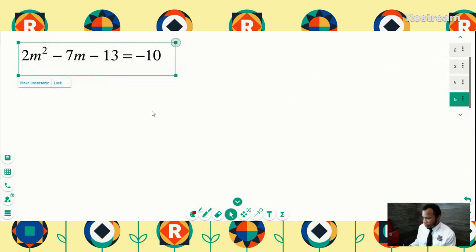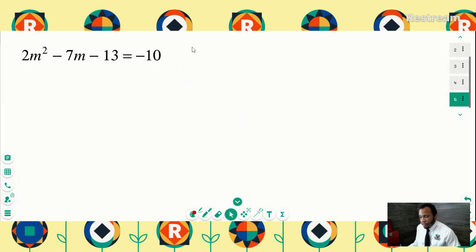All right. So first, before we begin, since I know we're using the quadratic formula, I'm going to write the quadratic formula on the screen so we'll have this formula to refer back to.